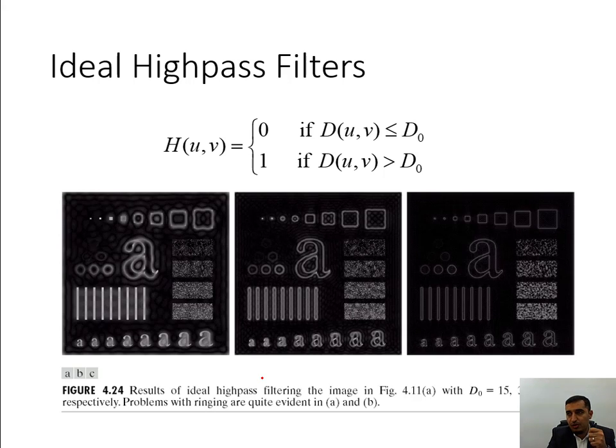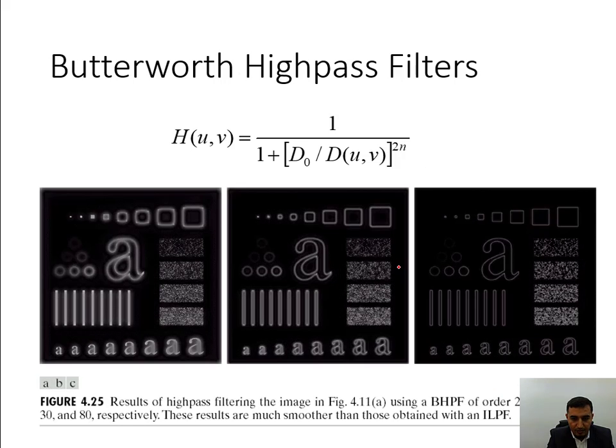The low frequency values hold the original value, which is the average value at the center of the image. So in the results for D0 of 15, 30, and 80, the higher the frequencies you go, the more lightness you lose, but you gain more information.